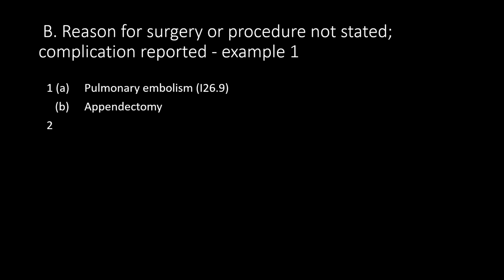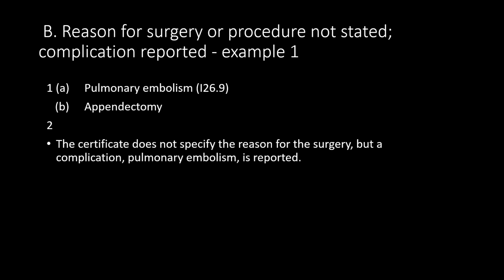And now we can discuss an example on this. 1A, pulmonary embolism. 1B, appendectomy. In part 2, no condition is reported. The certificate does not specify the reason for surgery, but a complication, pulmonary embolism, is reported.